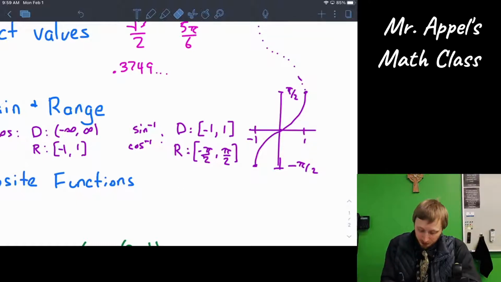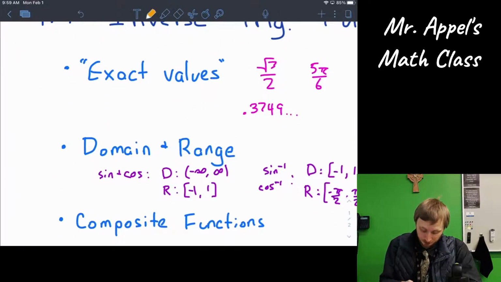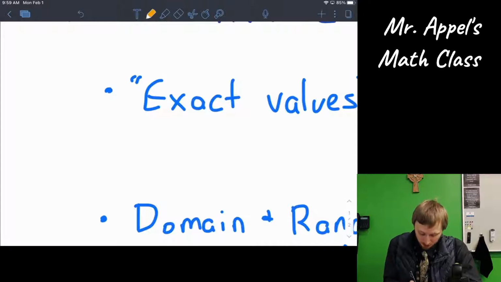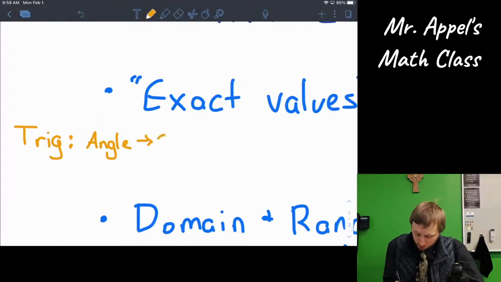Before we go any further, let us establish this fact. In fact, I'm going to stick it off to the side here. Trig functions always go from angle to a side length.